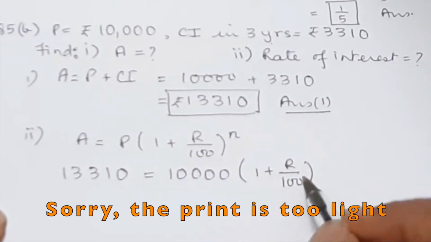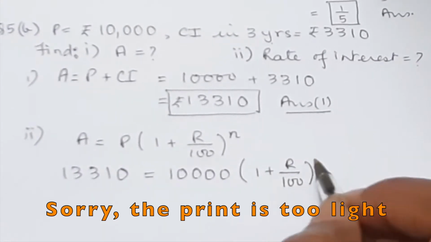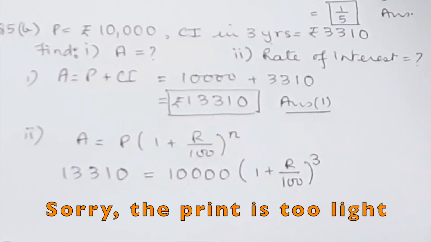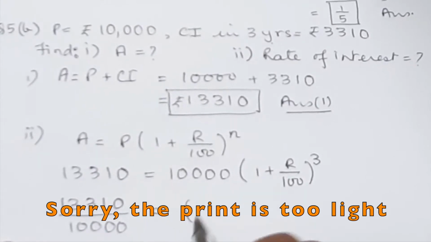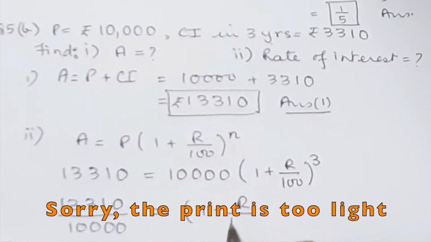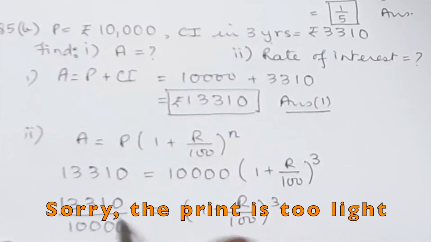And remember, we have been given CI for 3 years. So N becomes 3. Now we are going to take this 10,000 this side. So 13310 upon 10,000 is equal to 1 plus R upon 100 to the power 3.